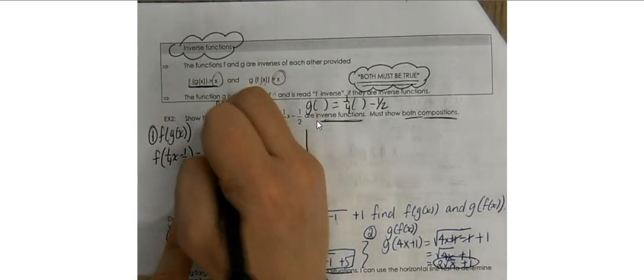So g of x I know is 1/4 x minus 1/2. So I'm going to write f of 1/4 x minus 1/2 is equal to 4 times 1/4 x minus 1/2 plus 2. All I did is I replaced this function into my f function.